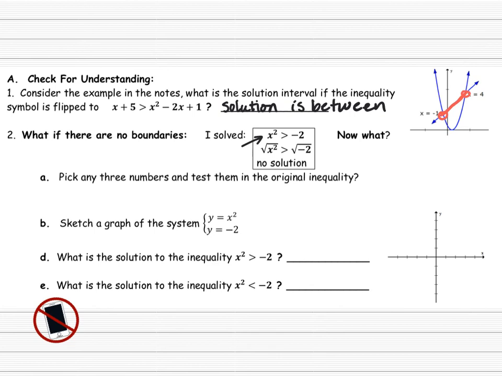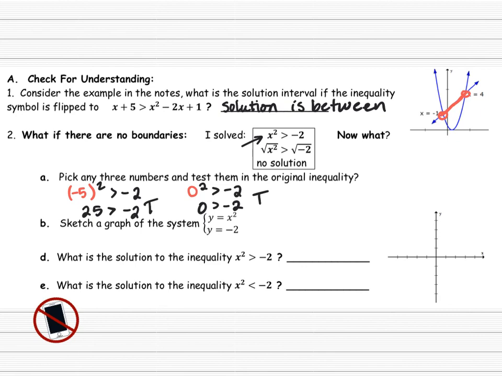So if I pick -5, and I put -5 squared is greater than -2, I get 25 is greater than -2. And that is true. I'm going to try 0. So 0 squared is greater than -2. 0 is greater than -2. That is also true.